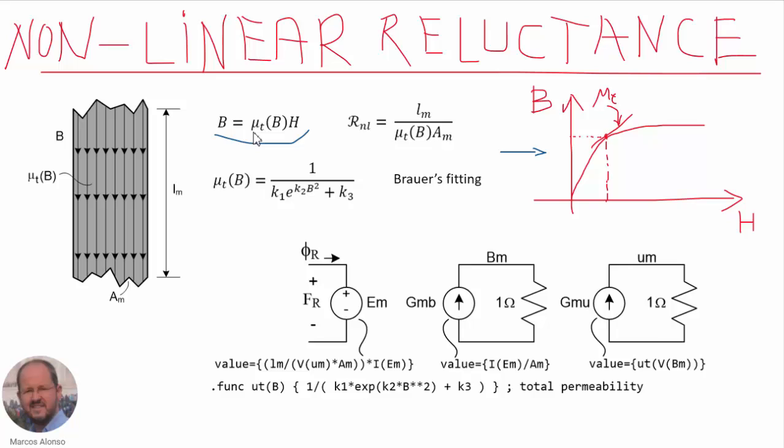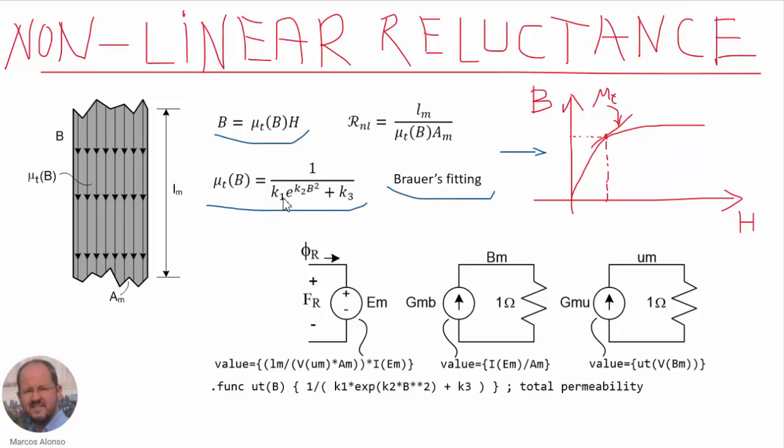So the behavior of the material is going to be like this. B is equal to mu T times H, where mu T is the total permeability of the material. And the reluctance is given by this value that we can see here. And for modeling the total permeability of the material, we are using this expression here, which is given by the Brouwer's fitting.